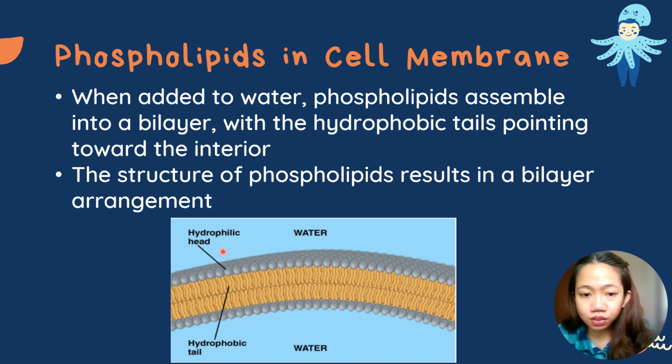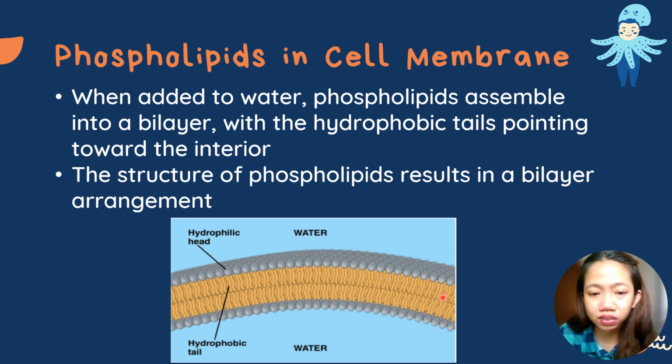So in the case of the cell membrane, the hydrophilic head, which is the phosphate group, always faces the water because it's hydrophilic. On the other hand, the hydrophobic tail always faces inward, or basically does not want to face water, so it stays inside the lipid bilayer.